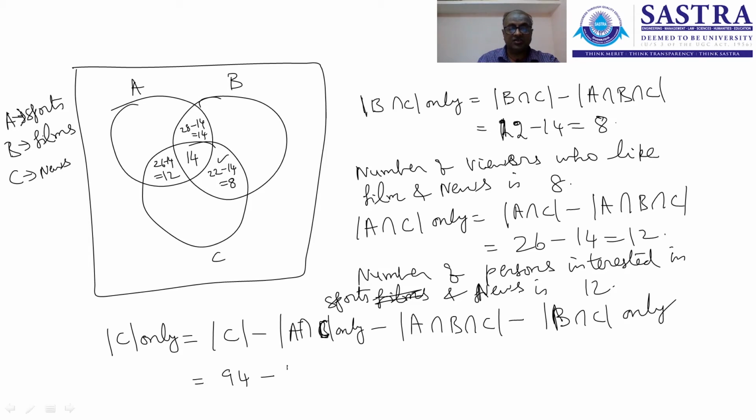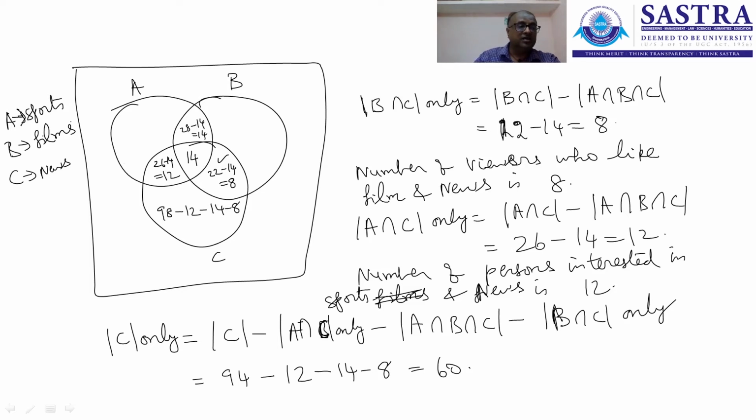A intersection C is 12 only, 12 minus 14 minus B intersection C is 8. Okay, so now here I have 26, 34, so I get the answer as 60. Okay, 60. And now you can see here, this would be 98 minus 12 minus 14 minus 8.